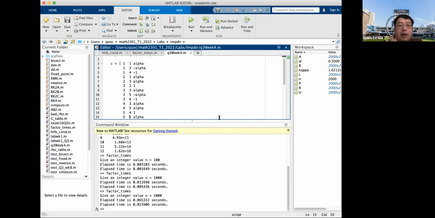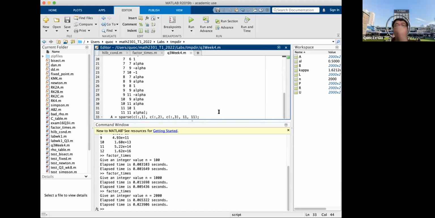And then the sparse command. You just put in 3 vectors. The first vector is the row indices, the second one is the column indices, and the third one is the non-zero values. And then 11 by 11 matrix.